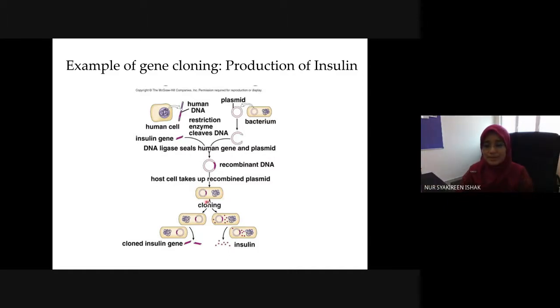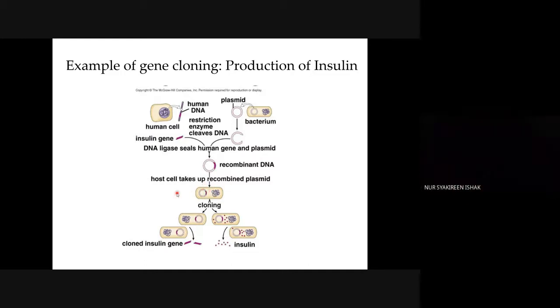Okay, so for the bacteria that has taken up the recombinant plasmid, the process by which the bacteria take up the plasmid, we call it as transformation. Ingat, the process by which the bacteria take up the recombinant plasmid, we call it as transformation. So now this bacteria, we call it as recombinant bacteria.